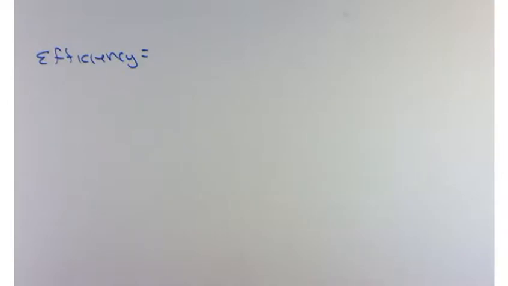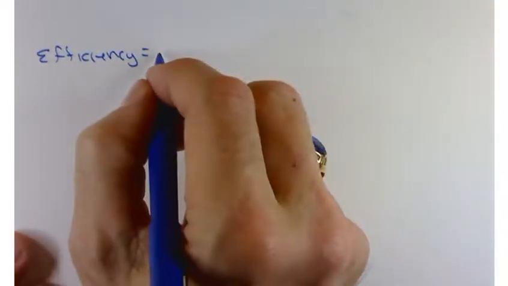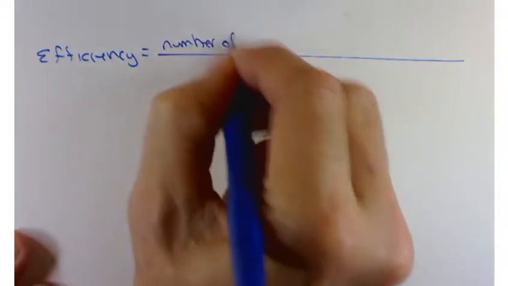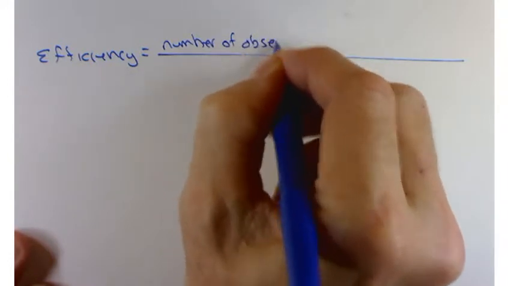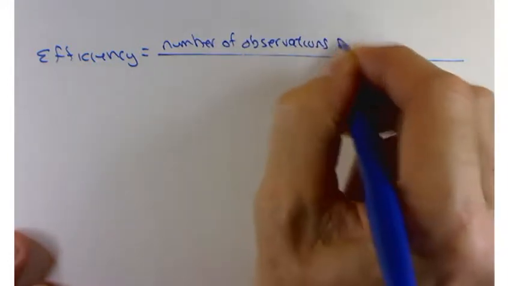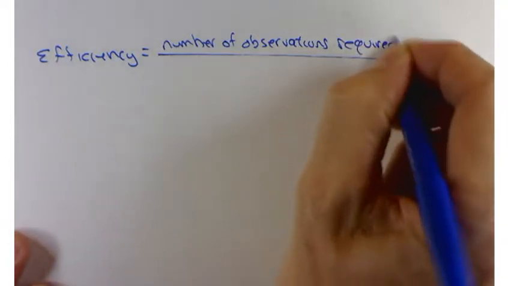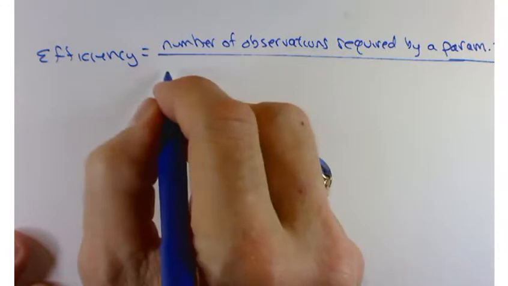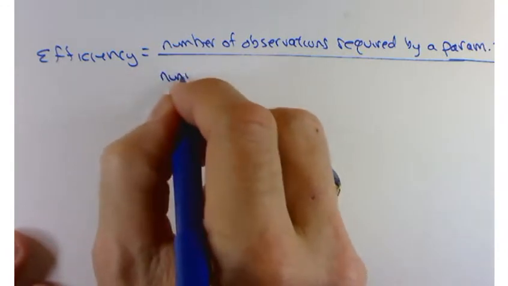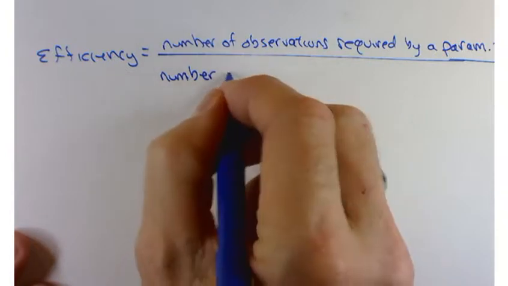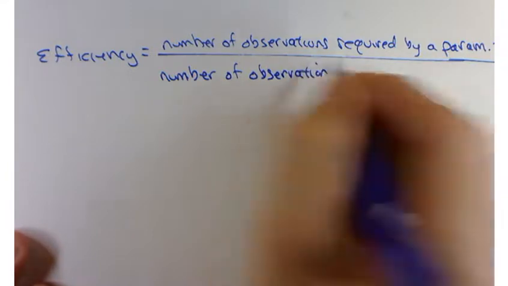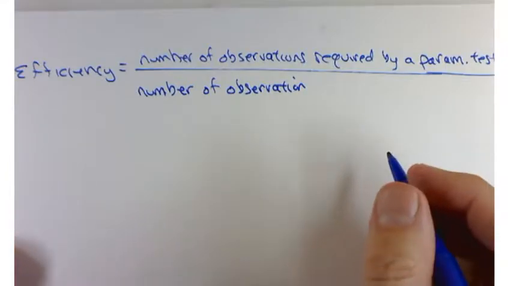Efficiency is the number of observations required by a parametric test divided by the number of observations required by a non-parametric test to, say, reject the null hypothesis.